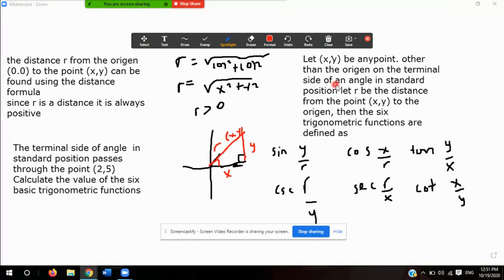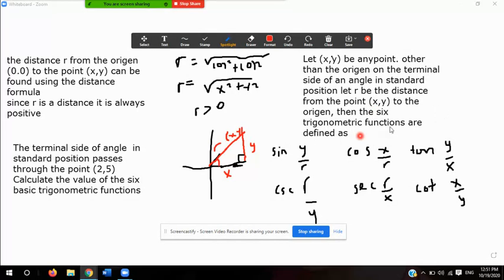All right. Now, the definition of finding trigonometric function values in a Cartesian plane is this one. Let (x, y) be any point other than the origin on the terminal side of the standard position. Let r be the distance from (x, y) to the origin.